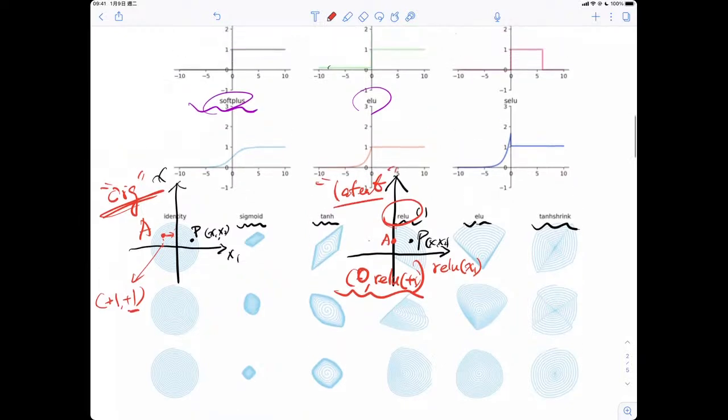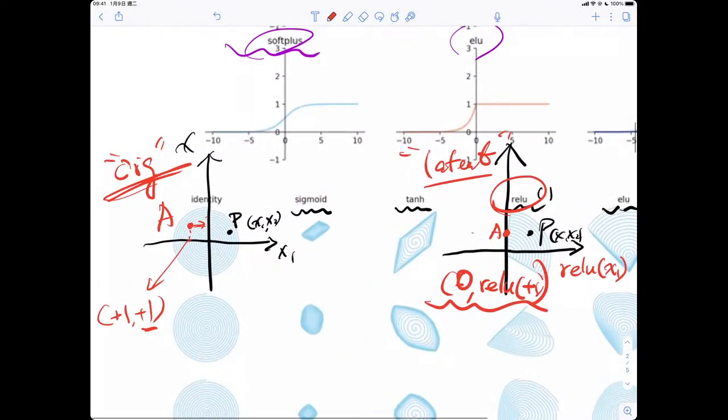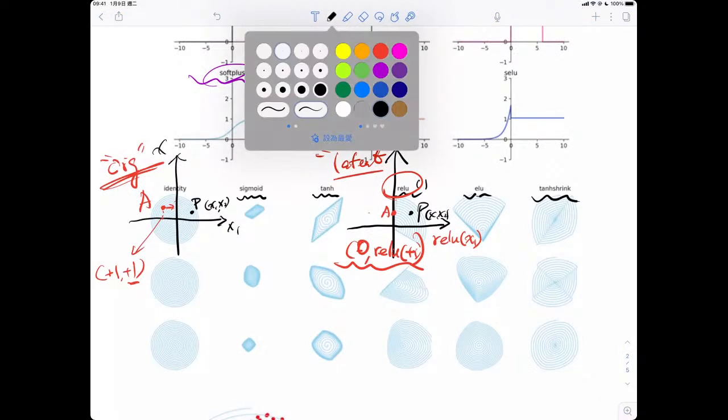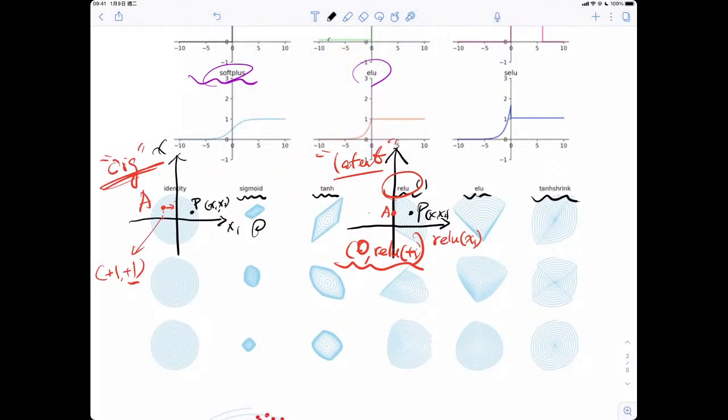You squeeze the data, right? That is an example of using ReLU, you squeeze the data. There are different ways to squeeze data.